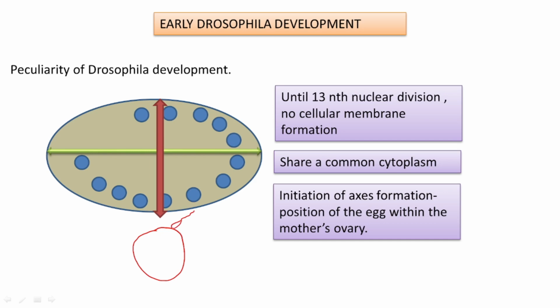But in the case of Drosophila, axis formation initiation is controlled by the position of the egg within the mother's ovary.